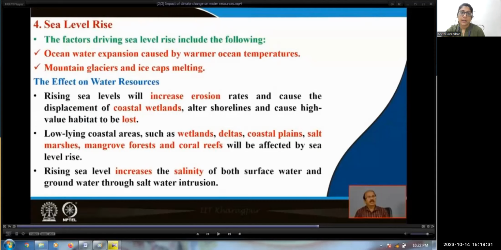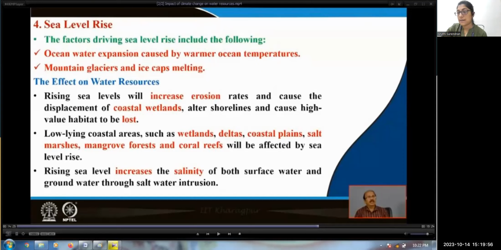Not only that, when we talk about the impact on water resources, the increase in the sea level, sea water is going to cause coastal erosion. It is going to almost drown all the wetlands, mangrove areas, deltas, then salt deposits and salt water intrusion.